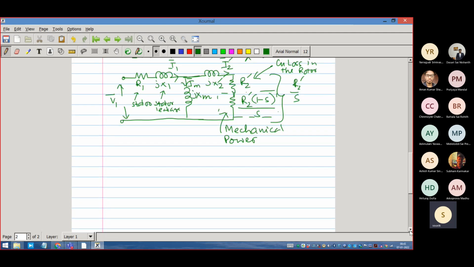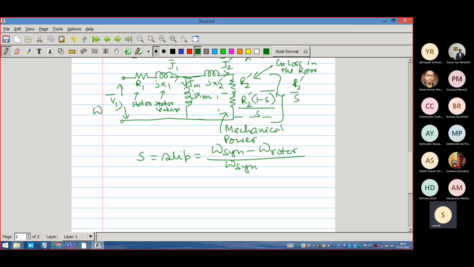And S is the slip of the machine, that is, omega synchronous minus omega rotor divided by omega synchronous. This is the synchronous speed of the machine. This supply system is just V1; maybe we give a little more clarification.